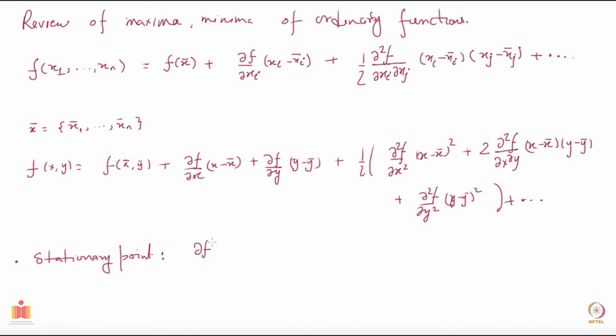If all the del f over del xi are 0, which is equivalent to saying that your gradient of f is 0, then that point is called stationary. Okay, let's say this happens at some point x bar, where x bar is x1 bar, x2 bar, and so forth. Then this point is called a stationary point.